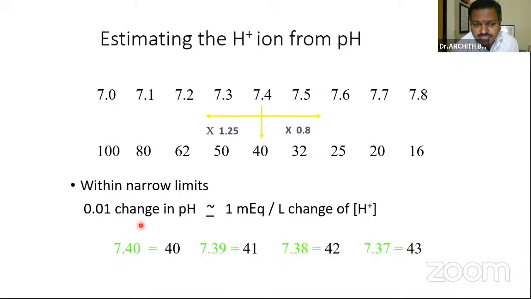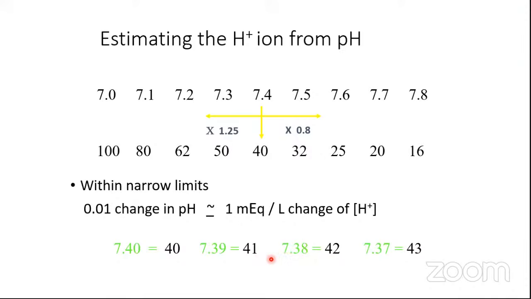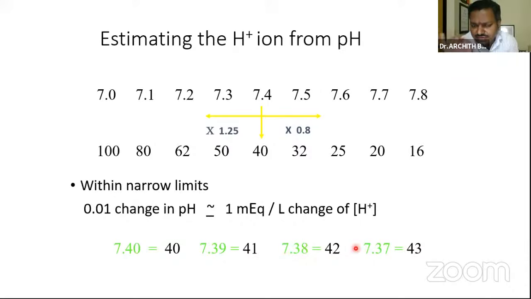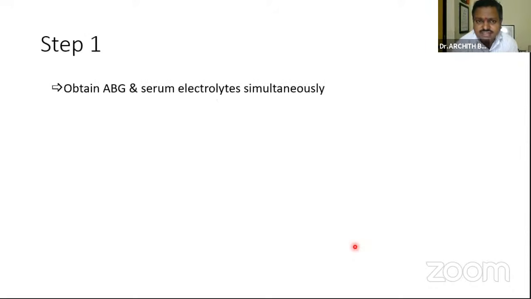If the pH is 7.40, the H plus is around 40. When it comes to 7.39, it becomes 41. Then it immediately changes like that. So even one change can cause a difference. Very importantly, you should always check the electrolytes, especially whenever there is an acidosis.